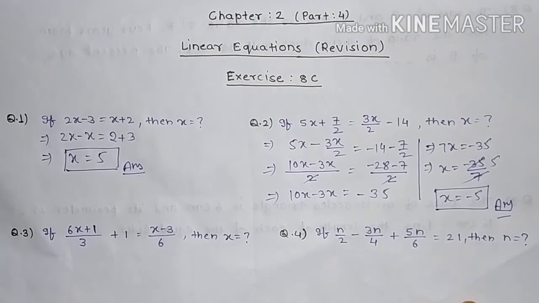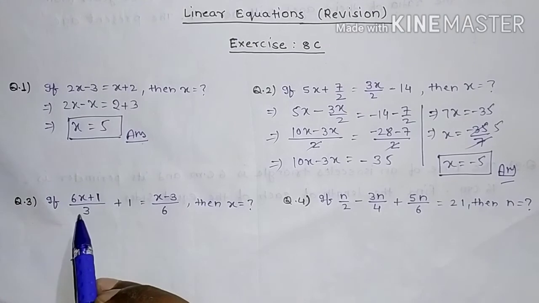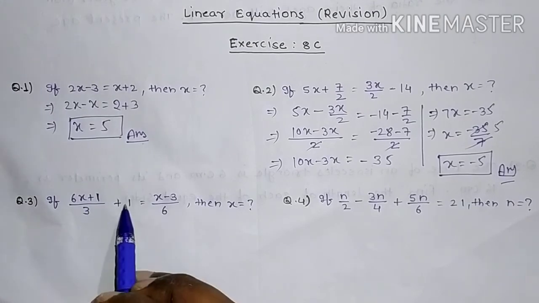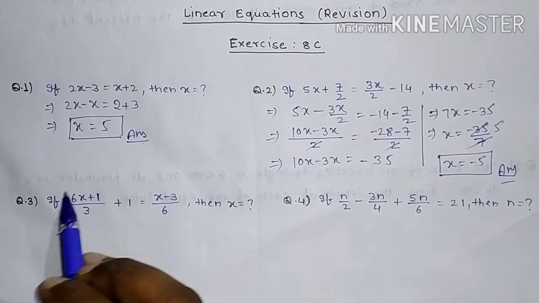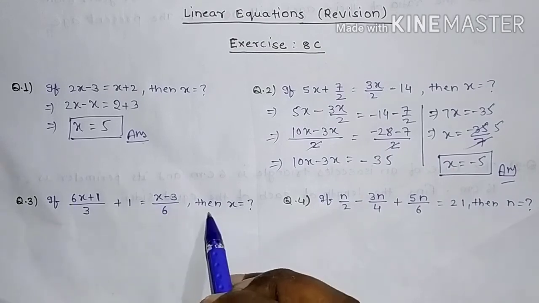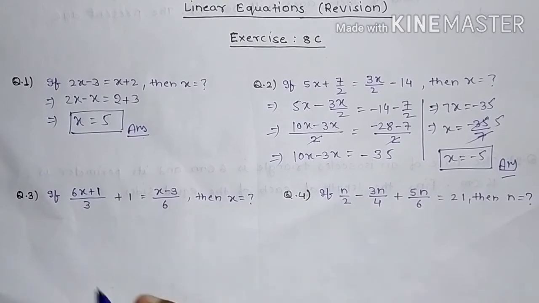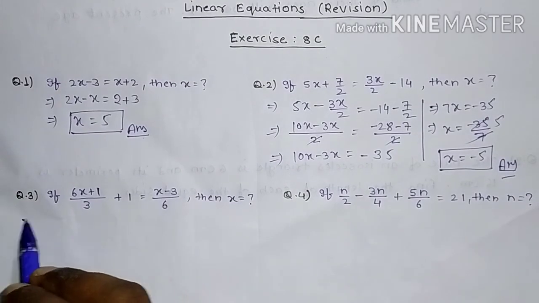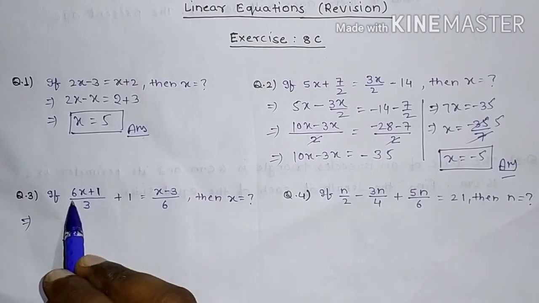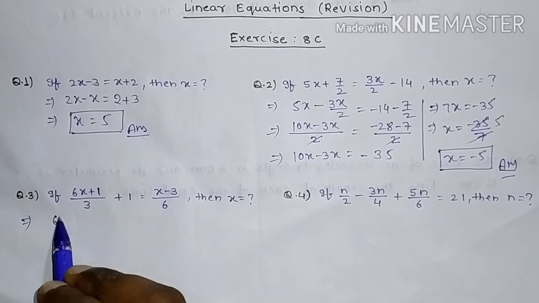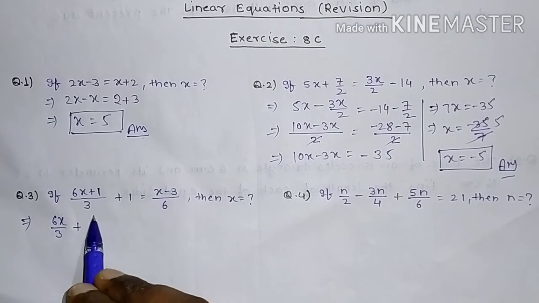Now the next question, that is question number 3. If 6x plus 1 upon 3 plus 1 equals x minus 3 divided by 6, this equation is given here and we have to find the value of x. Now first of all, just simplify it. 6x plus 1 divided by 3, we can write 6x upon 3 plus 1 by 3.